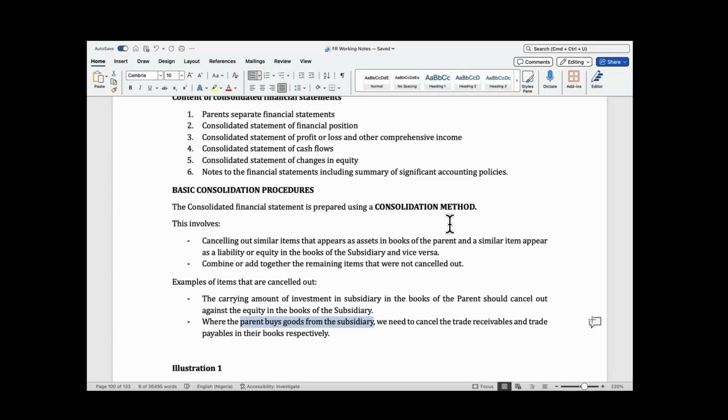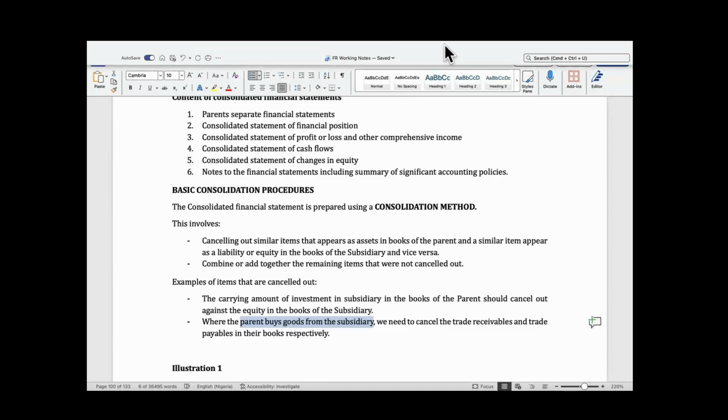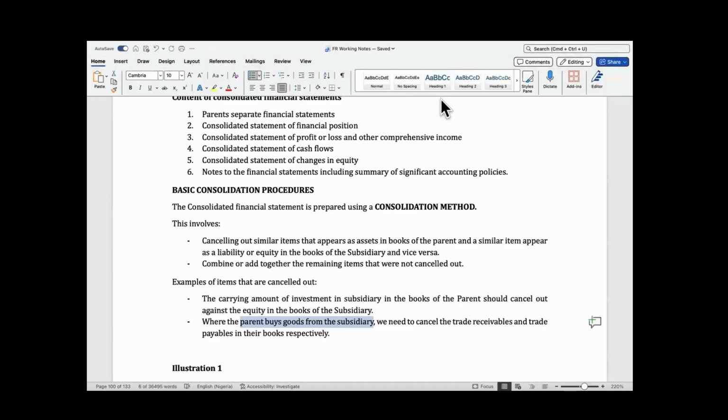Now, we started with accounting for investment in subsidiary. When you have a subsidiary, meaning you have control, IFRS 10 requires that you must prepare a consolidated financial statement, which is a financial statement of the parent and its subsidiaries that is prepared like that of a single economic unit, meaning that all we want to see are the transactions the two of you have with outsiders.